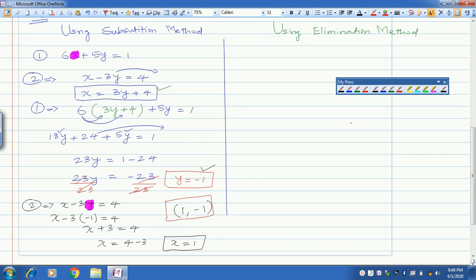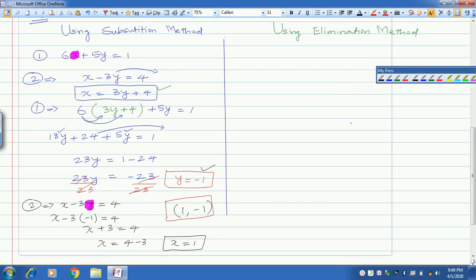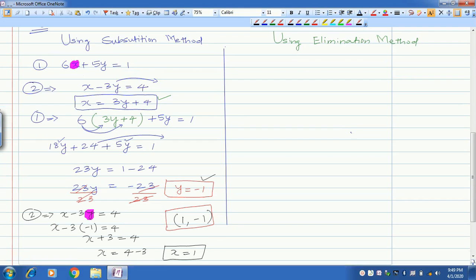Let us check the same solution with the other method. We call it the elimination method. Here we have to take the same equations. What are the equations you have?